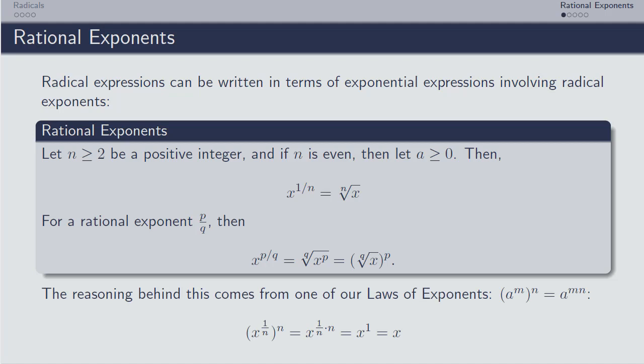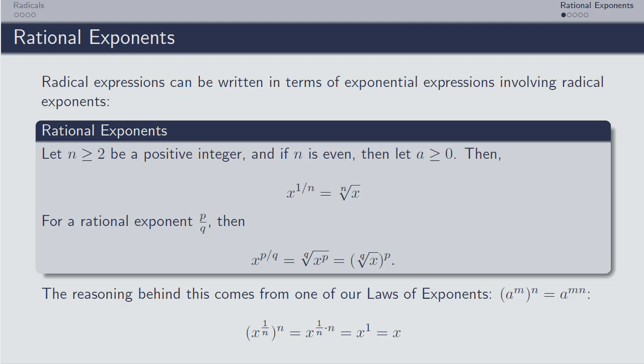Why is this the case? It comes from one of the laws of the exponents that we looked at last time, right? We wrote it as a to the m to the n power was a to the m times n power. If we let m equal 1 over n, well then 1 over n times n, those cancel, that's 1.